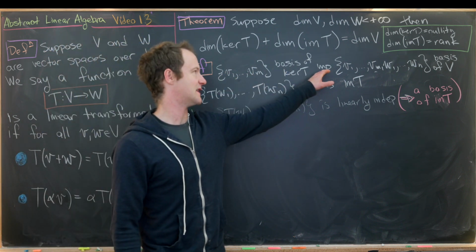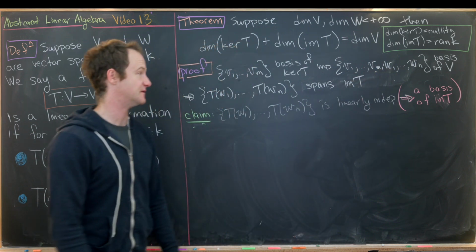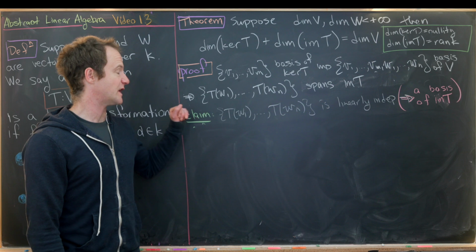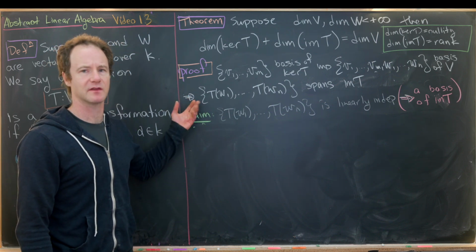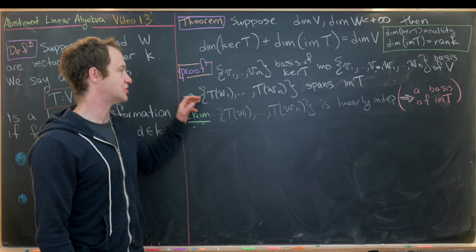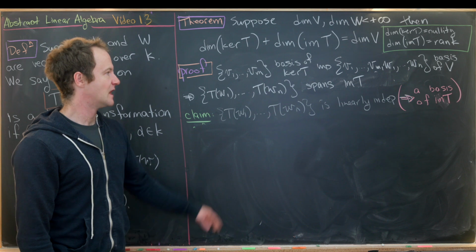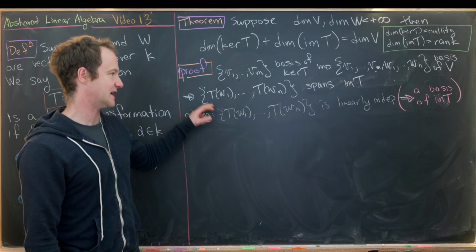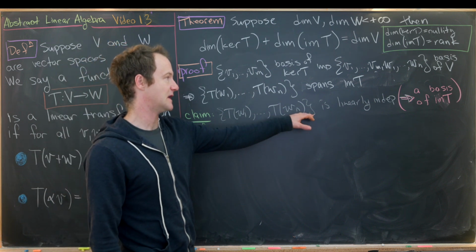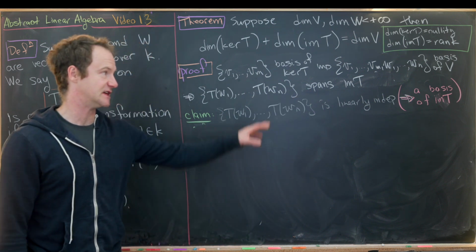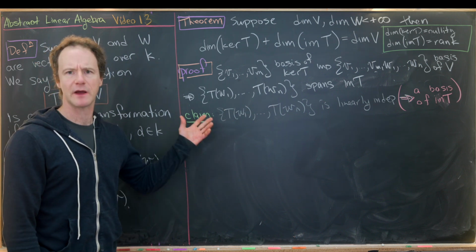We extended that using a previous result to a basis of the entire vector space V. Then we argued that that could be pared down by applying the linear transformation to a spanning set for the image of t. Now we're going to show that this spanning set is in fact linearly independent. But if it's linearly independent and it spans the image of t, then it's in fact a basis for the image of t. Okay, so let's get going.